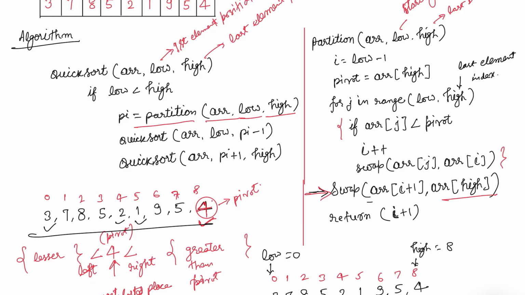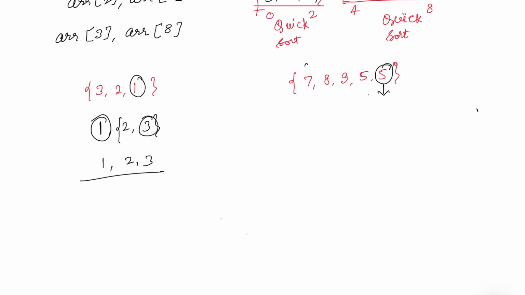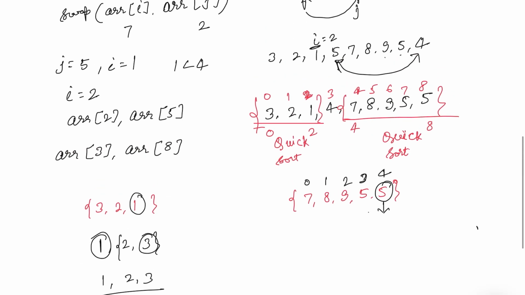I was low minus 1. The real indices here are 4, 5, 6, 7, 8. Here I initially was 3, but after the for loop, because no element was less than 5, I will become 4 and this will be swapped with 5.